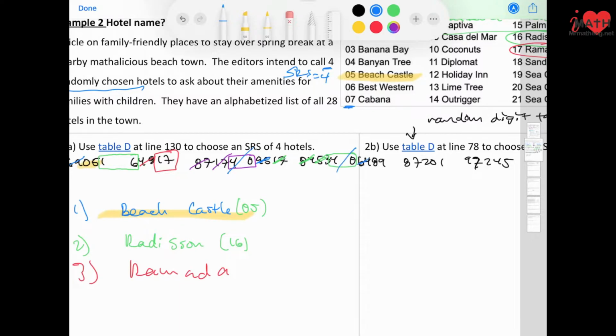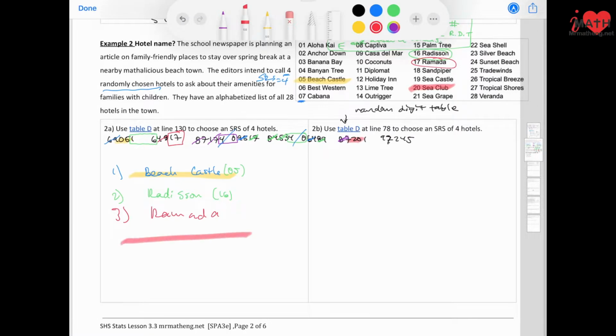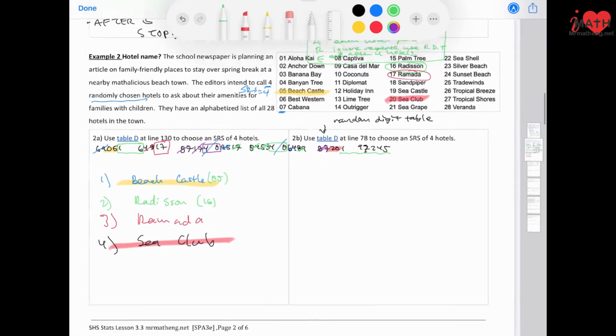No. 64, no. 89, no. 87, and then I have this one right here. I'll use highlighting 20. Okay, so 20 would be the C Club. And if you think about it, I didn't have to use the rest of these digits, which is okay.